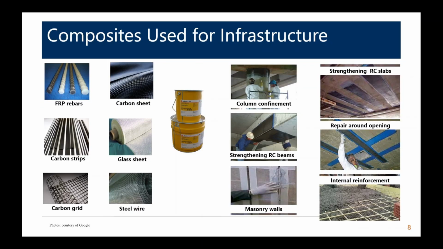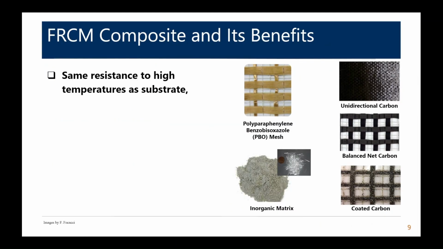There's lots of materials in our toolbox to use, and here you can see some of the different forms, in terms of bars for internal reinforcement or externally applied systems. And again, the big difference with FRCM is we're using a cementitious binder to match the concrete base substrate material, rather than a polymer.